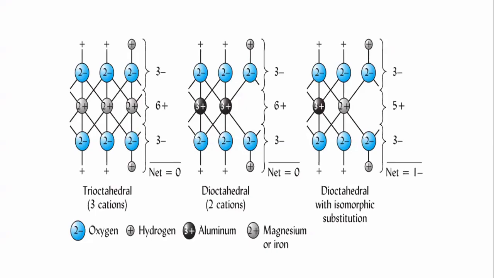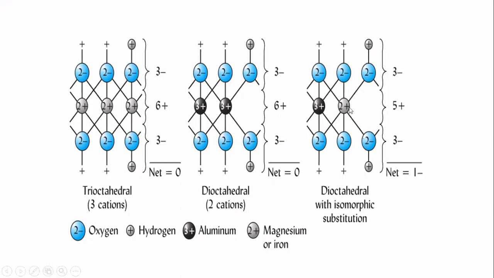Magnesium, dioctahedral and trioctahedral. This one is trioctahedral without any substitution. This is the dioctahedral without any substitution, right? Here, the dioctahedral sheet. Why is it a dioctahedral sheet? Because 2 ions are there, right? 2 center elements sharing the 6 oxygen atoms.